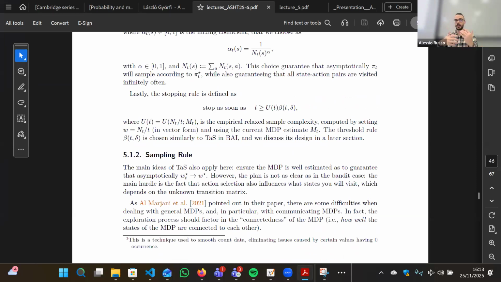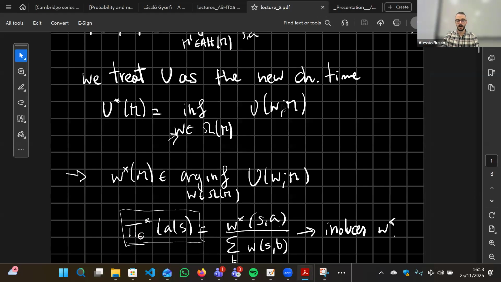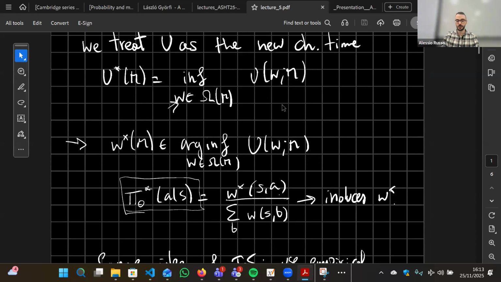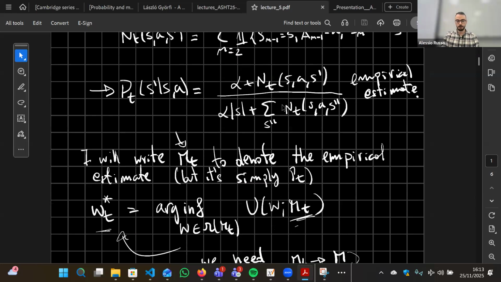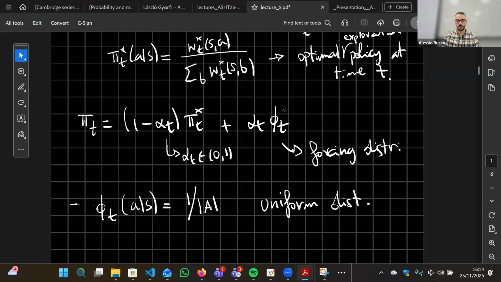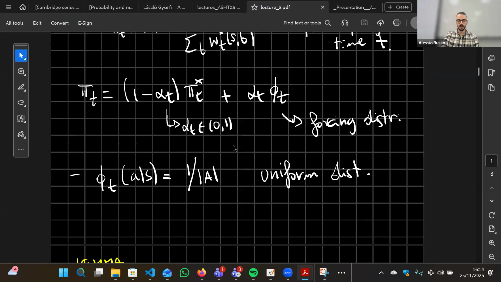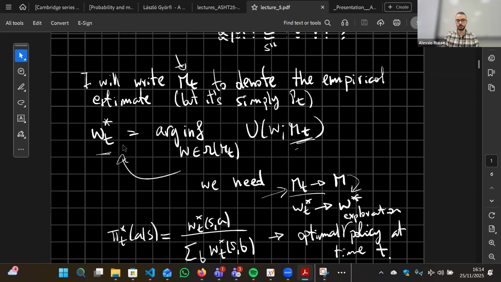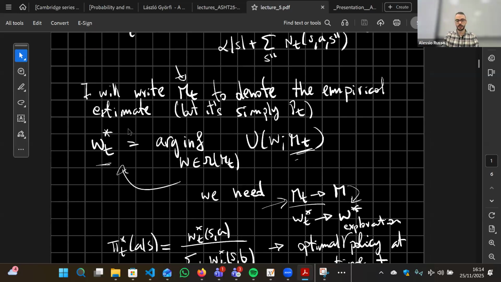And so you're trying to track a solution that maybe is very different, and this will lead you nowhere. So what we wanted is also to ensure that our estimate of the MDP converges to the true one. So we derived a result that says you compute W_t star at each time step, so the optimal strategy for MDP M_t at each time step.